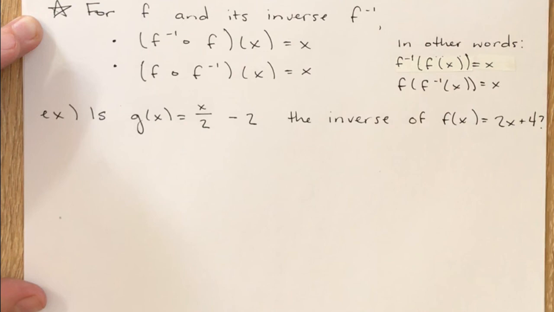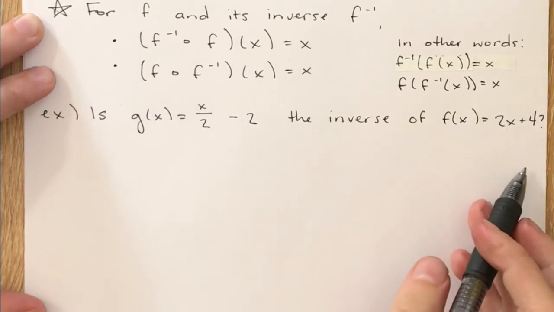Are lines one-to-one functions? Totally, right? A line that isn't vertical or horizontal, of course, is going to pass both the vertical and horizontal line tests. So these guys are both one-to-one, so we do know that they could have an inverse.